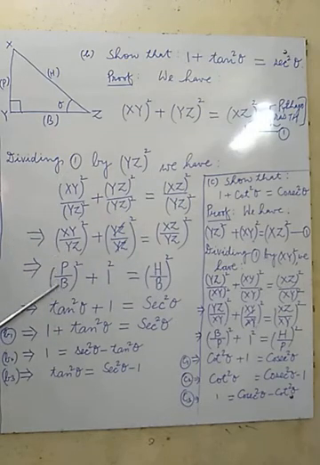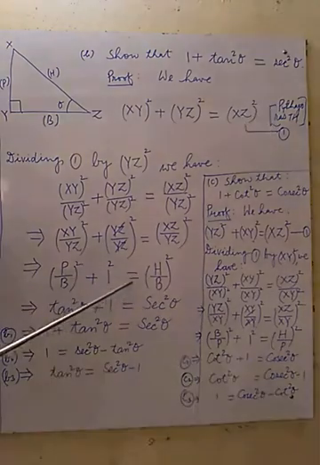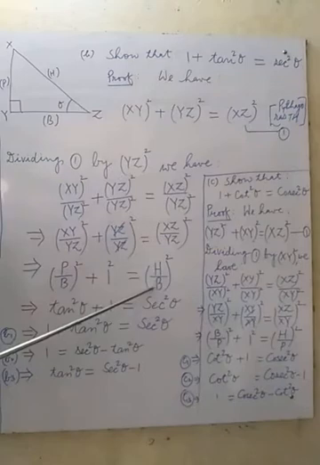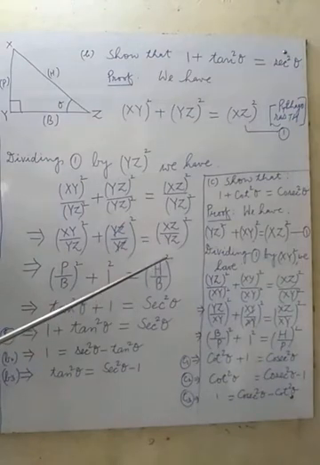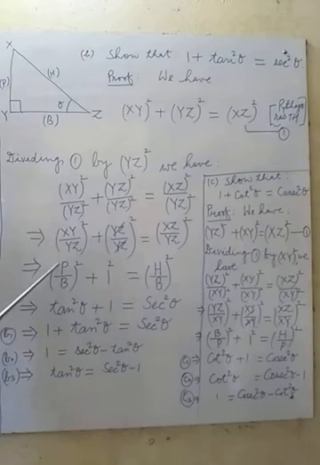Now, p upon b whole square plus 1 square equals h upon b whole square. Try to follow. P upon b is the ratio of perpendicular upon base, and you know what it is called: it becomes tan of theta.